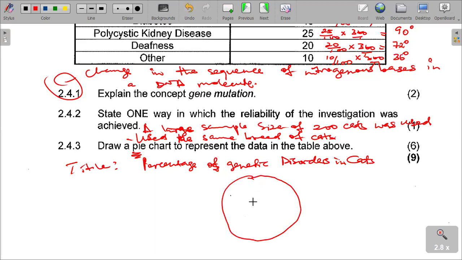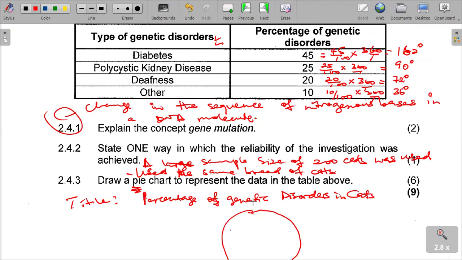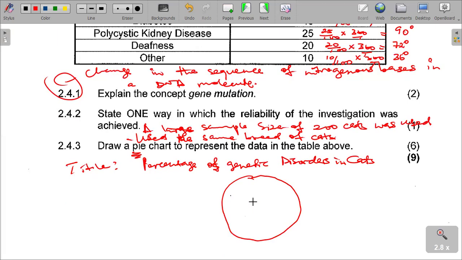Diabetes is 65, and you can even give them as percentages as they are.